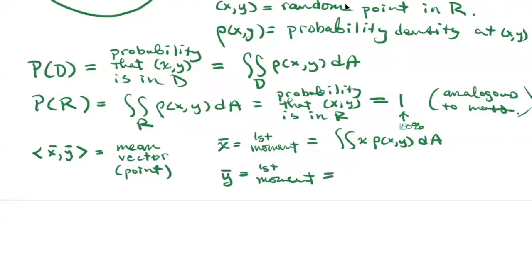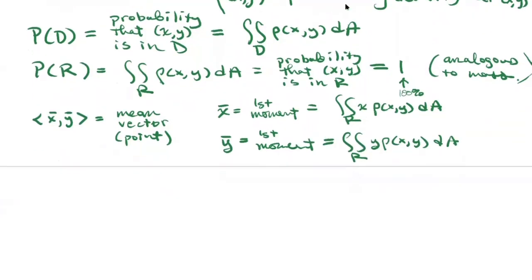Y is the moment to the x-axis, so this is actually Mx, but we'll just say it's y times the density rho of (x, y). You're integrating over R, the whole region, to find where the center of mass is, but here it's called the mean in a probability space, and it's a vector.